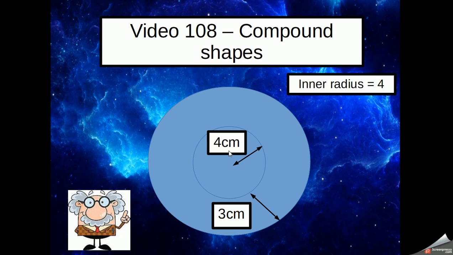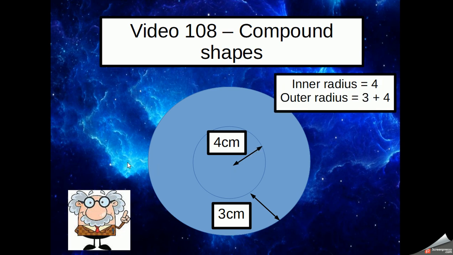So the inner radius is 4 centimeters, and the outer radius is going to be 3, the distance from the inner circle to the outer circle, plus the 4 in the center, because the radius of the big circle goes all the way from its circumference to the center, and this 3 centimeters only tells us the distance to the edge of the inner circle.